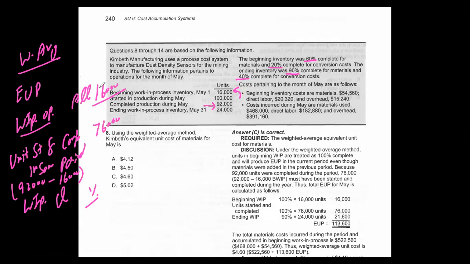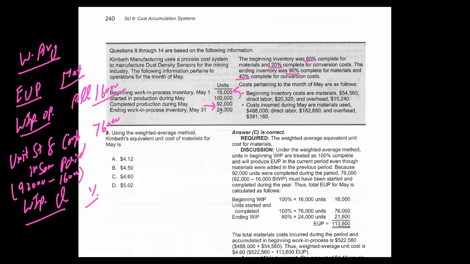Correct. So students, as we have to calculate equivalent unit cost of materials, we are calculating the equivalent units of production for materials by using the weighted average method. So for work in process closing, we will apply the percentage of completion for materials. Like here we have the ending inventory was 90% complete for materials.